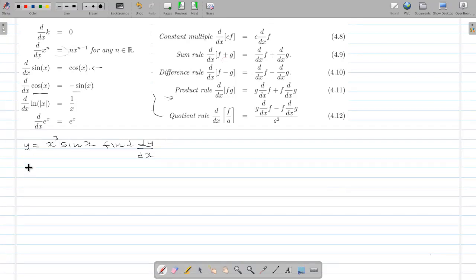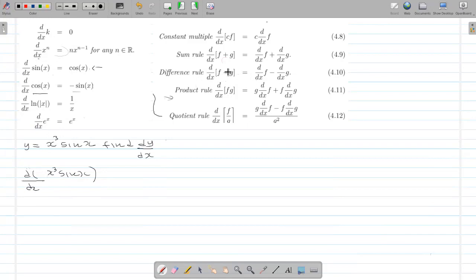So here I need to use the product rule. Okay, I'll use dy by dx notation. I have to differentiate this guy. This one is not listed here, no?